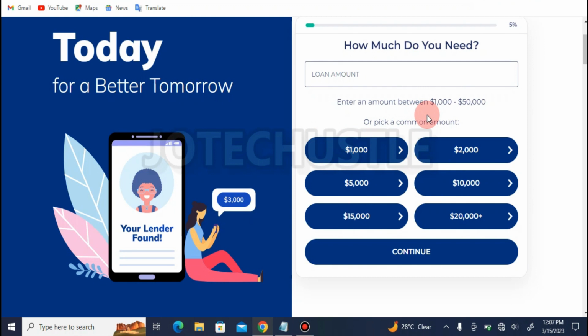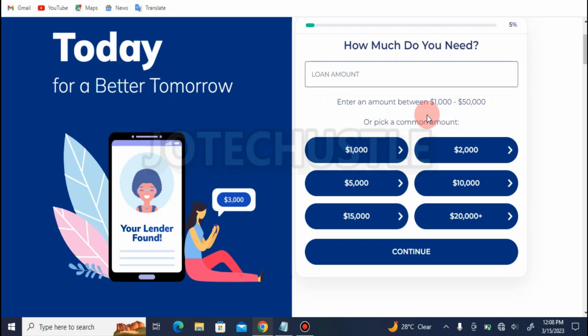Then number 3, a guide for you to get a loan, is for you to shop around for lenders. Different lenders have different loan requirements, interest rates, and fees. Shop around for lenders that offer loans up to $50,000 and compare their rates and terms.